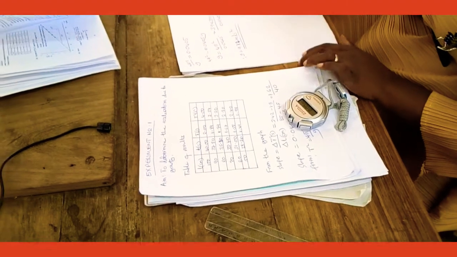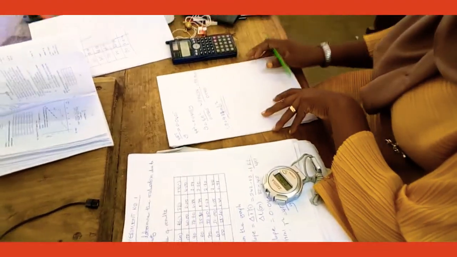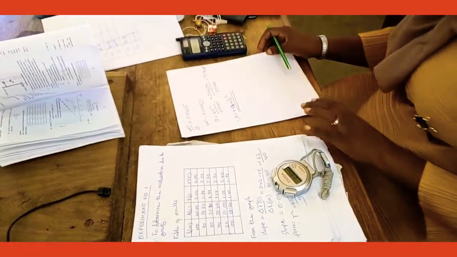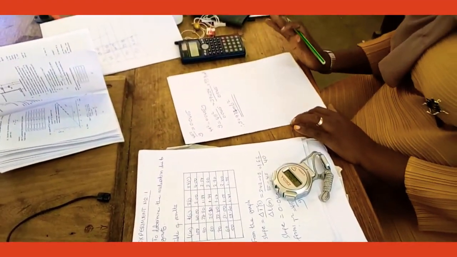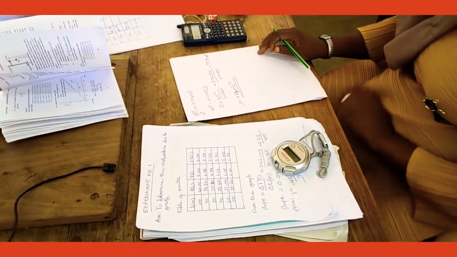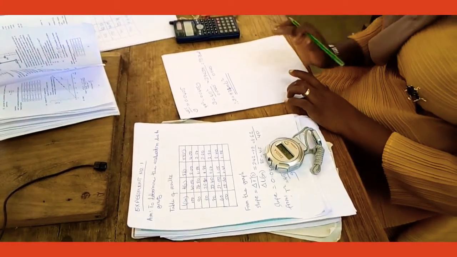Point to note that the value of g is 9.81, approximately, but the error is plus or minus 0.2.